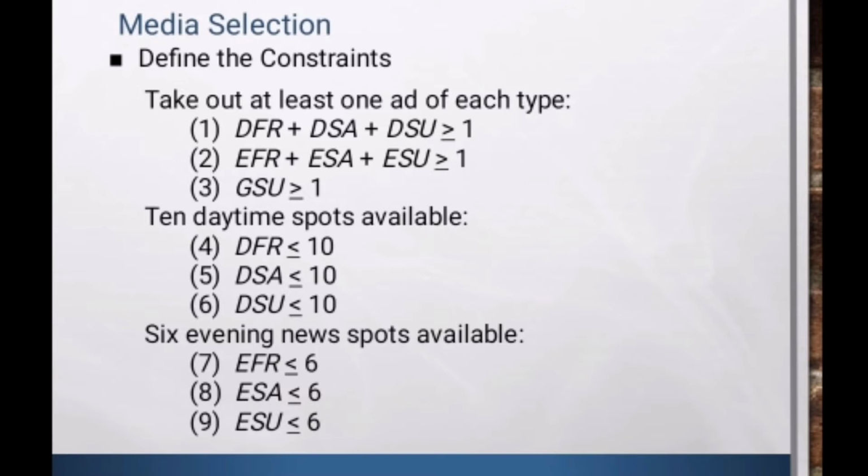The same goes for the evening time and Sunday game. So for daytime, we have DFR plus DSA plus DSU is greater than or equal to 1, which covers the daytime ads on Friday, daytime ads on Saturday, and daytime ads on Sunday.